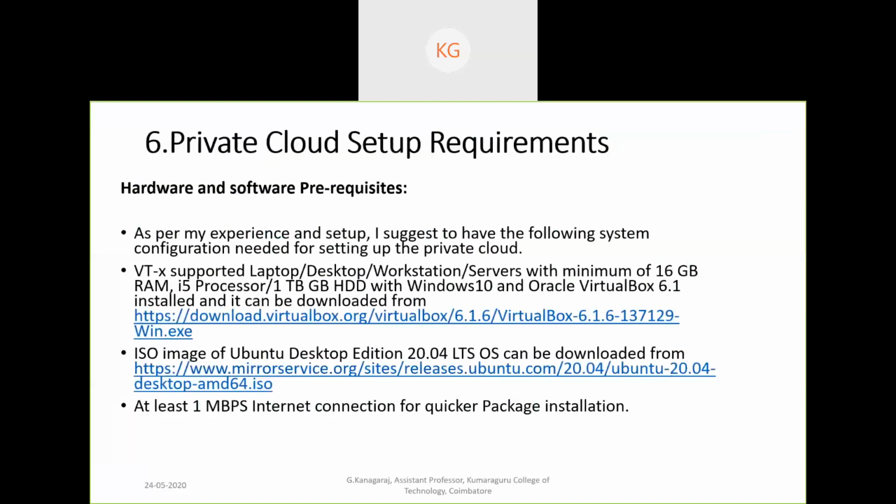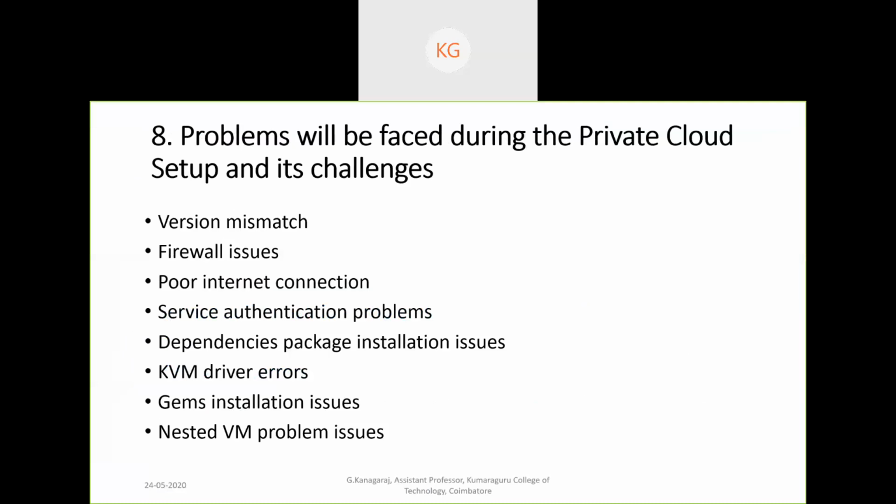So, what are the problems that you're going to face during the private cloud setup? Here I have listed a few problems that I have faced. Version mismatch, package version mismatch in your OpenNebula private cloud host, and firewall issues. Some services will not be allowed if you're running a firewall. You need to configure it properly. And if you have a poor internet connection for downloading packages, it will take time.